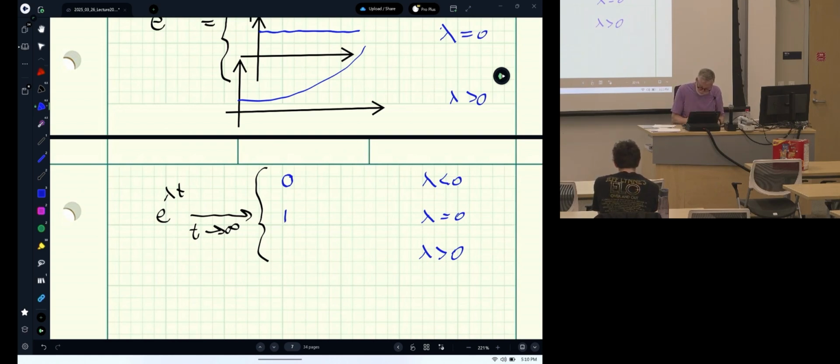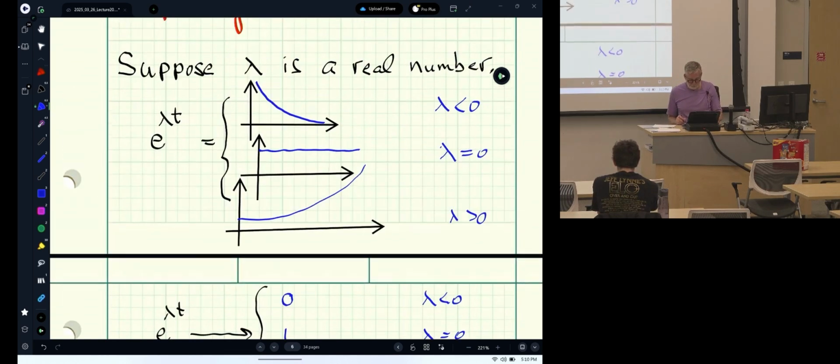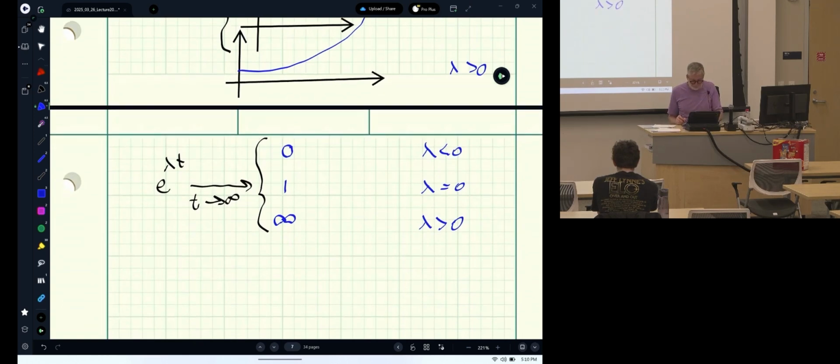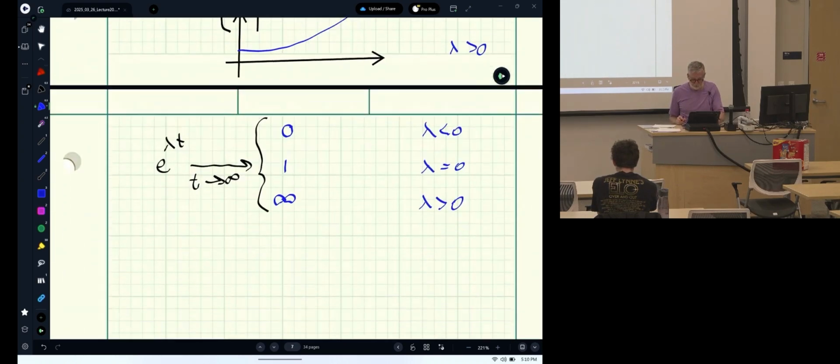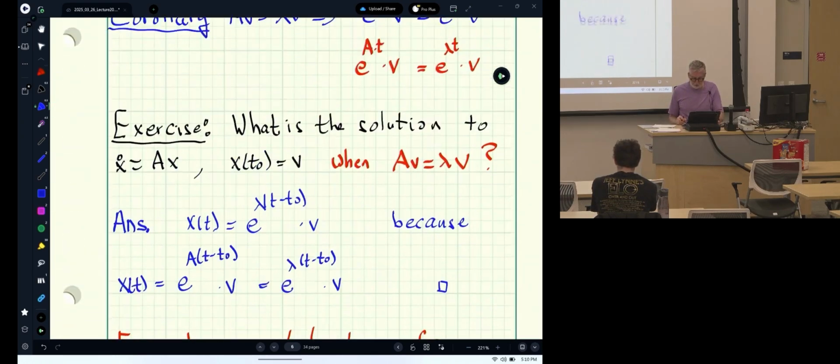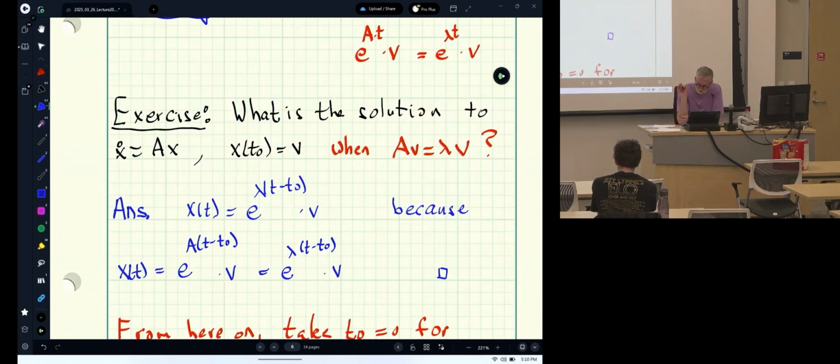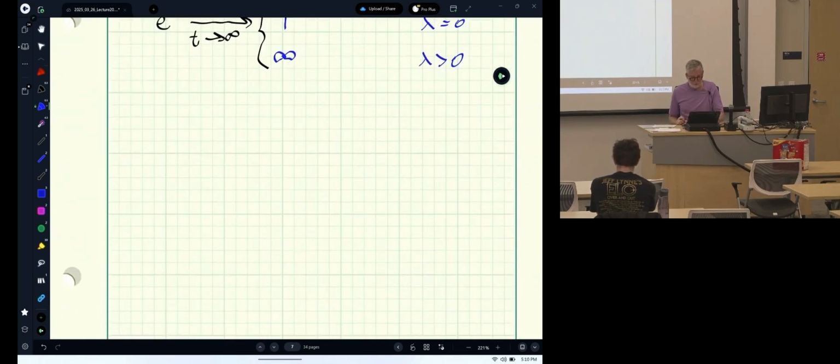And when lambda is positive, that's scary. It blows up. Now, the restriction is that we're only able to do this when we have initial conditions that are eigenvectors.